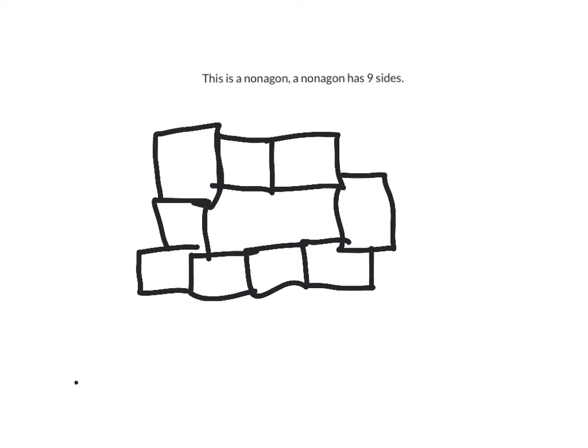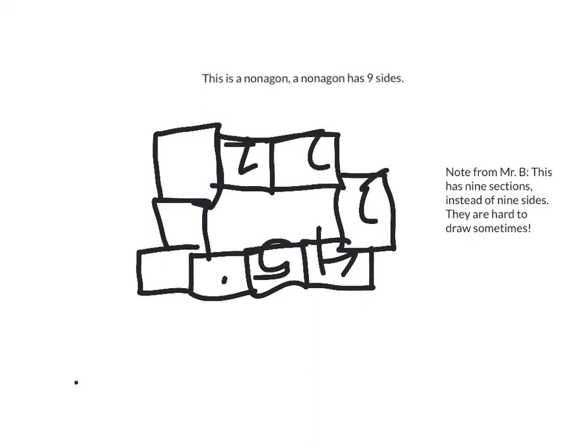So 1, 2, 3, 4, 5, 6, 7, 8, 9. That's a nonagon.